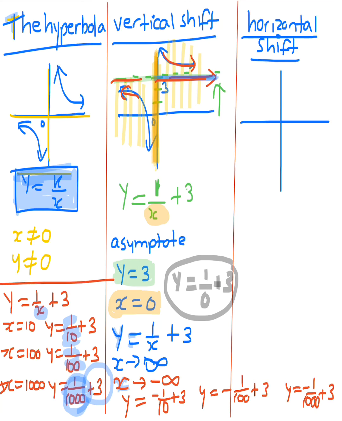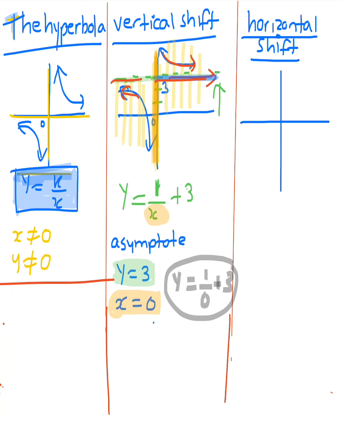Now, further on that, I'd like you to also look at your domain and range for this function. So the asymptote will affect the domain and range. The domain for this would be all real x except x equals 0.